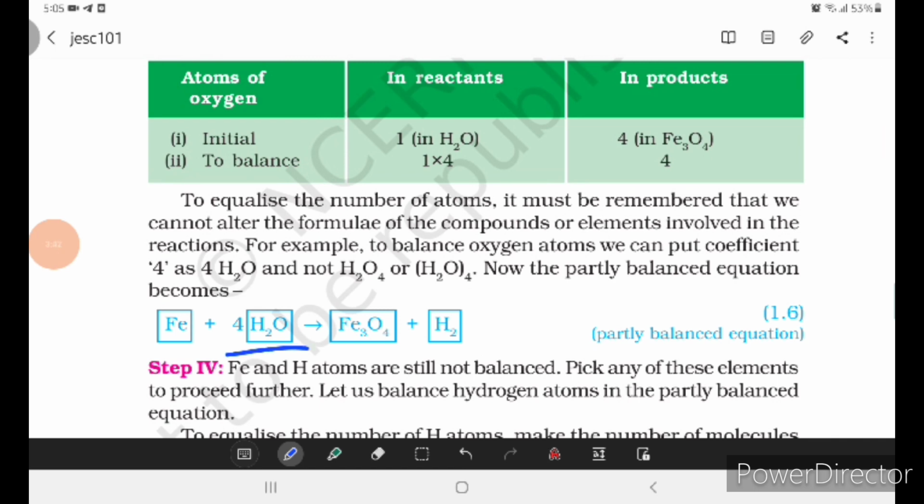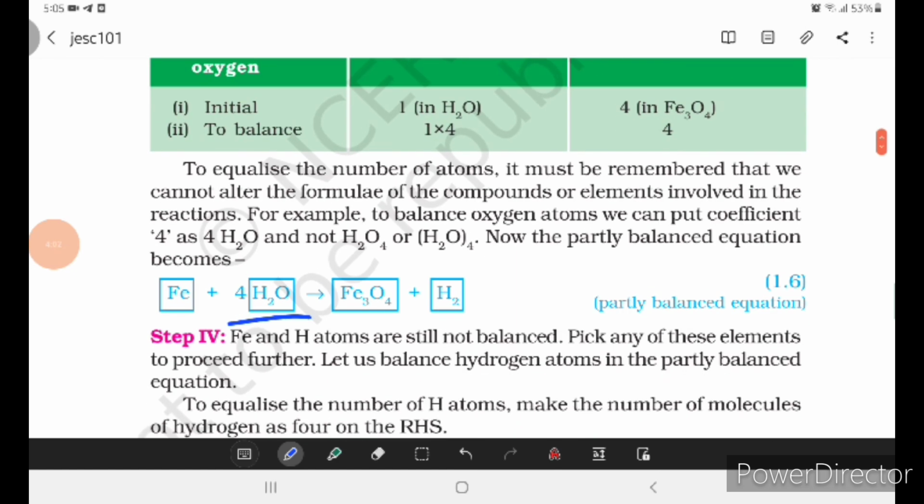So what is step 3? Step 3 says that in order to balance, choose the particular element which has the maximum number. In this case, oxygen has 4 atoms, so we have chosen oxygen. You might choose hydrogen if it had 8. We need to choose the maximum number. To equalize the number of atoms, it must be remembered that we cannot alter the formula of the compounds.